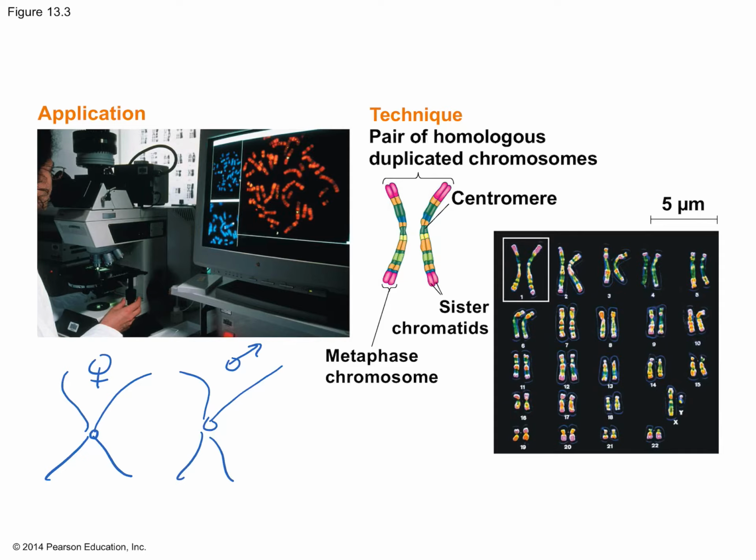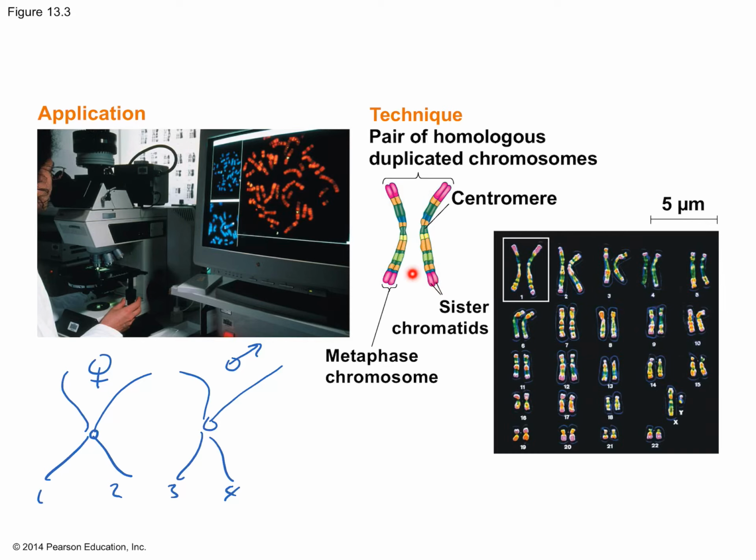So replicated because this chromosome has two sister chromatids, one there and one there, attached to a common centromere. Same thing here. Two sister chromatids attached to a common centromere. So in this pair then, there are 1, 2, 3, 4 chromatids. That's what you see here. Two chromatids identical to each other in the mother's chromosome, two chromatids identical to each other in the father's chromosome.